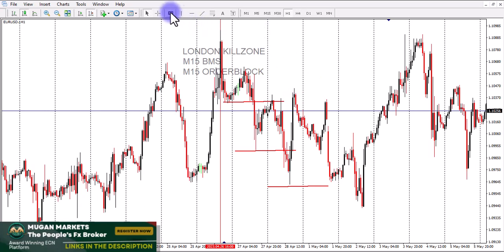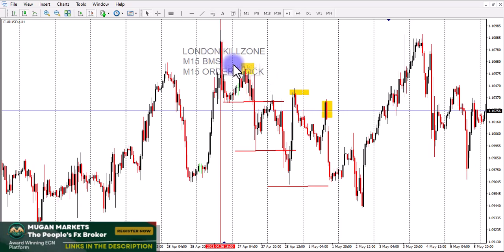So I want you to see that here on the higher time frame with this strategy, we are not marking any order blocks, right? We're just trying to get the direction of the market, or the trend in simple terms, for those who are new to trading.